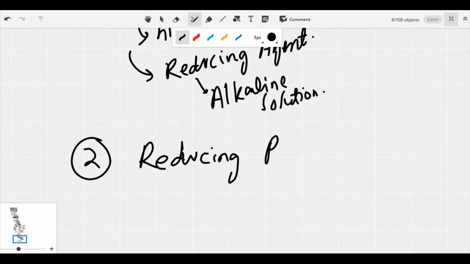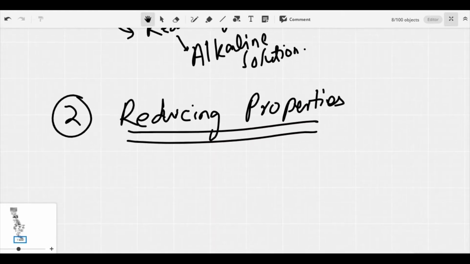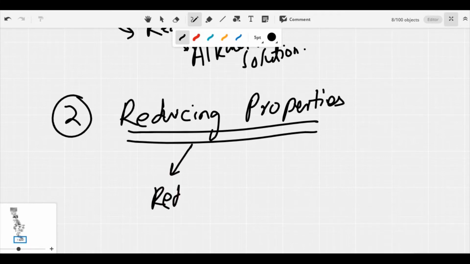As I already discussed, sugars in alkaline solutions are powerful reducing agents, so it means sugars can be classified as reducing sugars and non-reducing sugars.